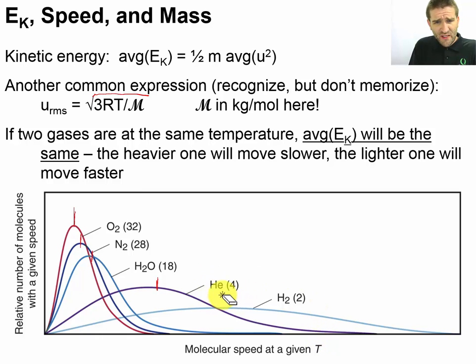Now, if we have a thought experiment for a moment, suppose that we're talking about a vinyl balloon or a latex balloon or something like that, and we know that there are going to be microscopic holes in it. Nothing's perfect, right? So if I have it filled with oxygen, nitrogen, and maybe some carbon dioxide and water from my breath, and I blow up this balloon, and I fill a different balloon with hydrogen, and we know there's a small hole, well, how often are they going to find that hole?